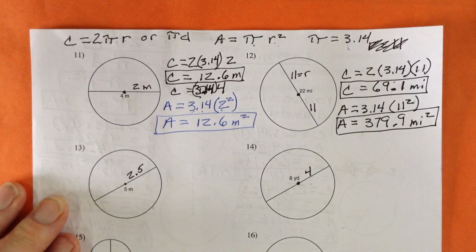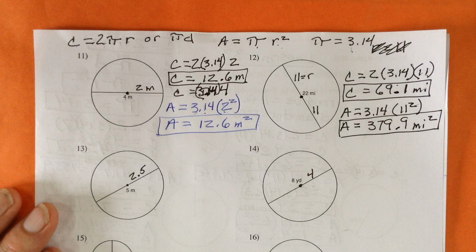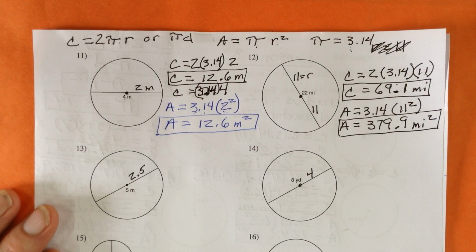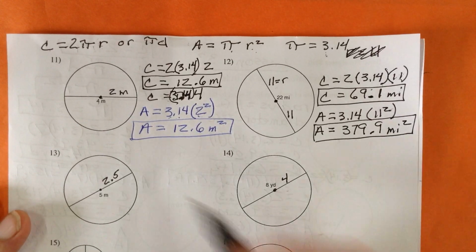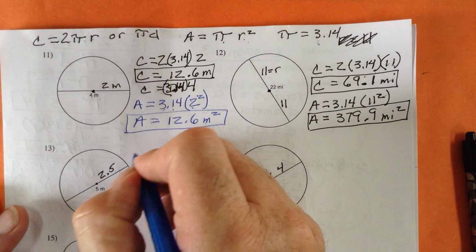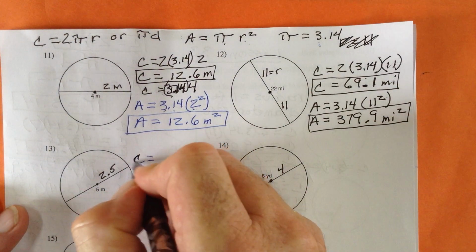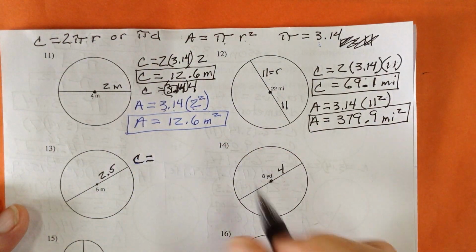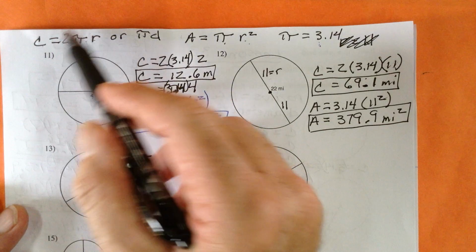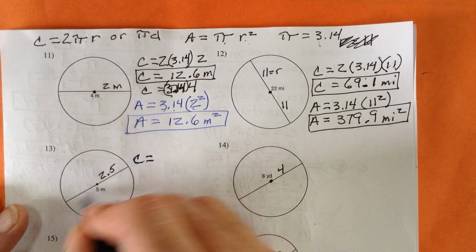Okay. You can pause the video and try 13 and 14. But here I'll just show you the setup and then show you the answers that I got. For the circumference, I'm going to use this one. The radius is 2.5, half of the diameter.